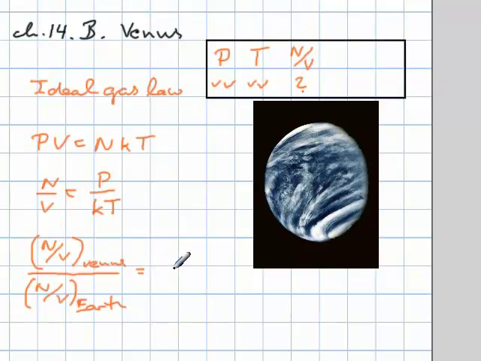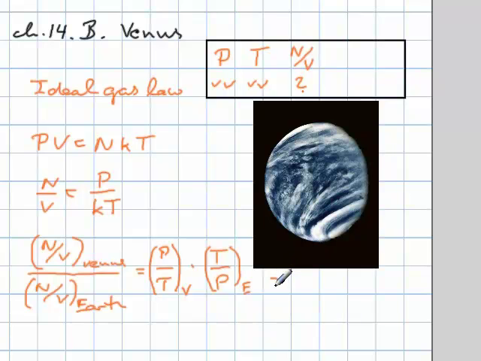So there's an equal here. I had to think a moment about how I do the algebra going from there to there, and that looks correct. So here we're going to have P over T for Venus times T over P for the Earth. In the process of dividing this by this, the k divided out, and this one appears as a reciprocal because this fraction is in the denominator.